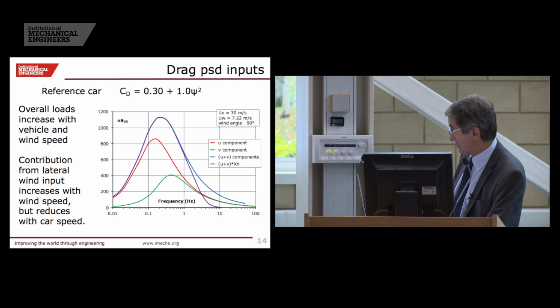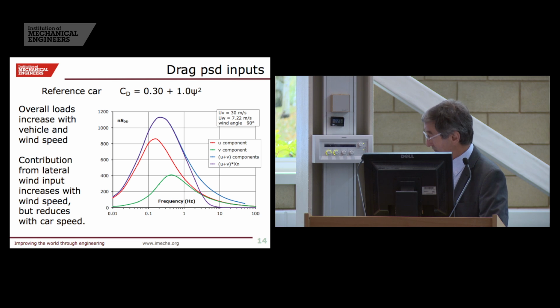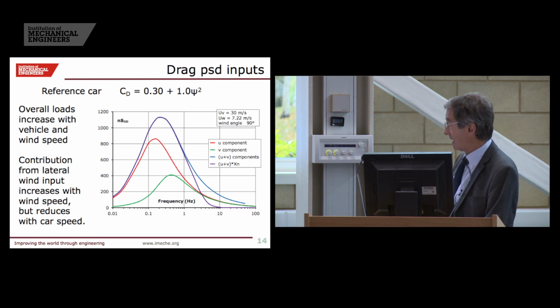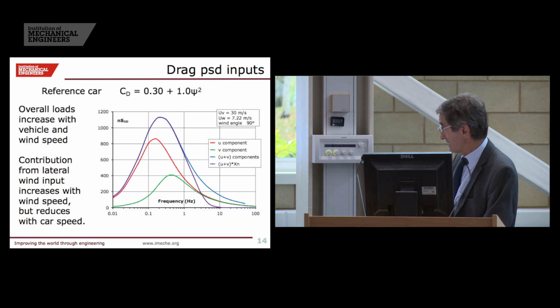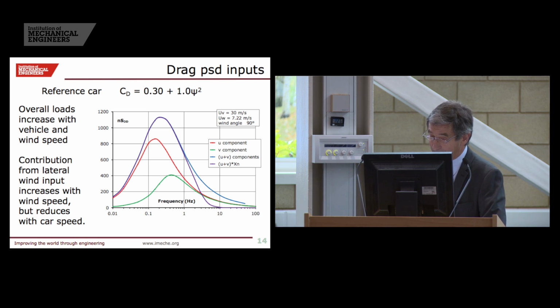You can see there it starts to attenuate above frequencies of 1 hertz. In this particular case, I've applied it to a particular car, and it's for a particular wind speed. So this computation has to be done for a full range of wind velocities, wind direction, and also for different car speeds.